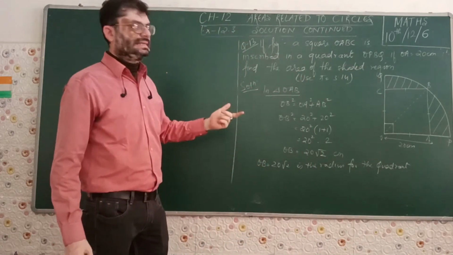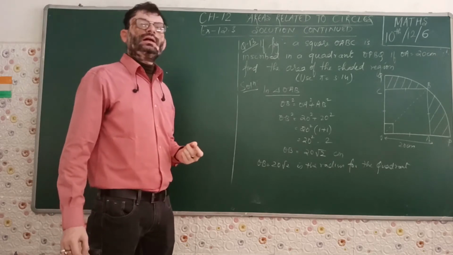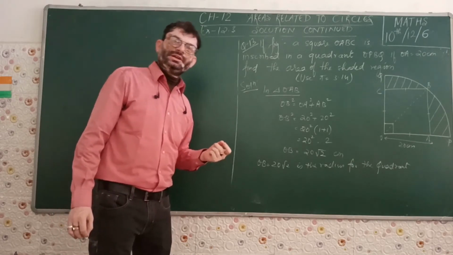And now, on getting the radius, we can move on to find the area of the shaded region.